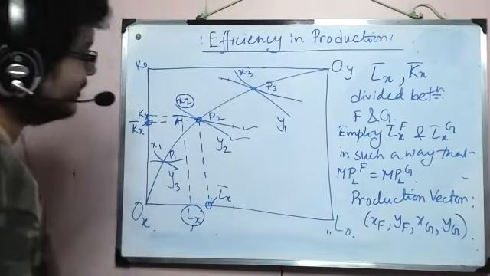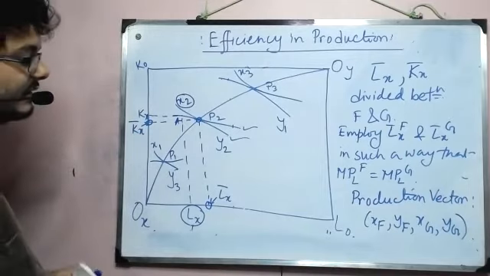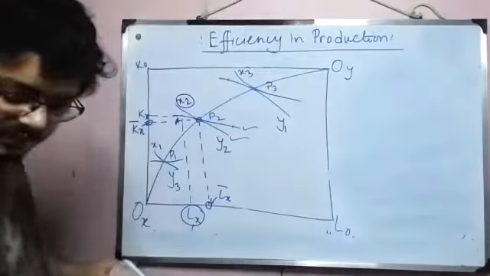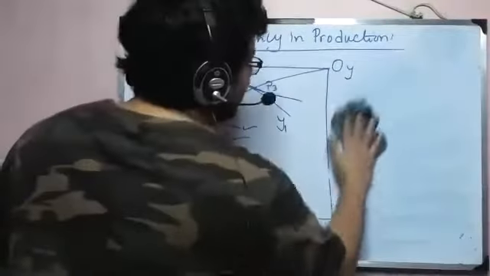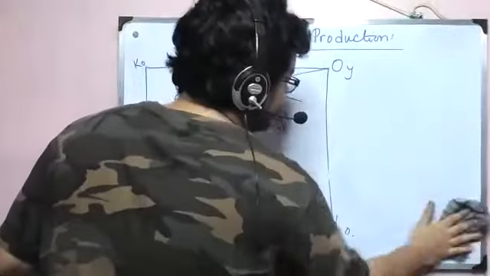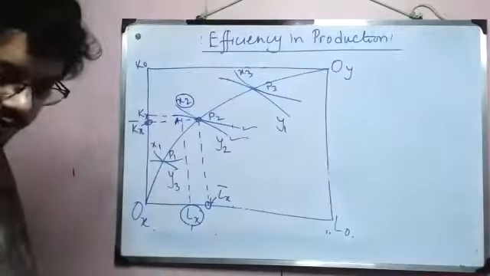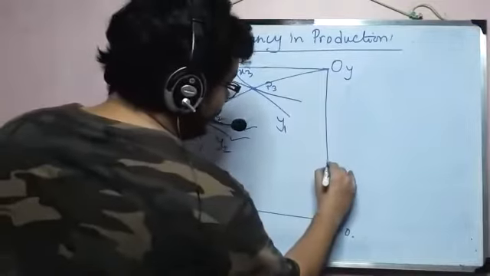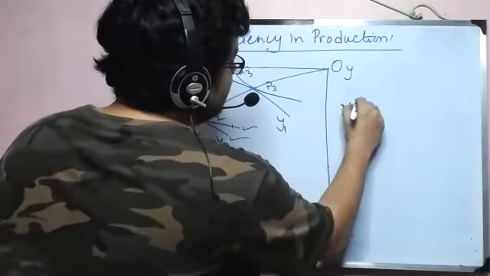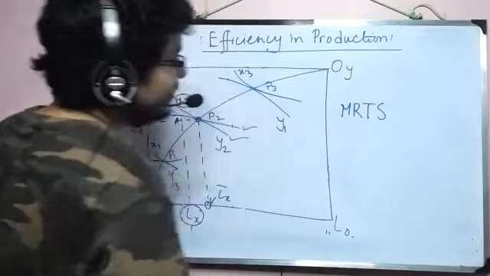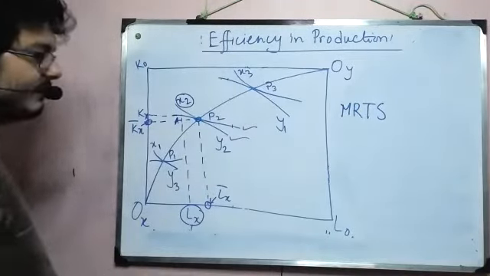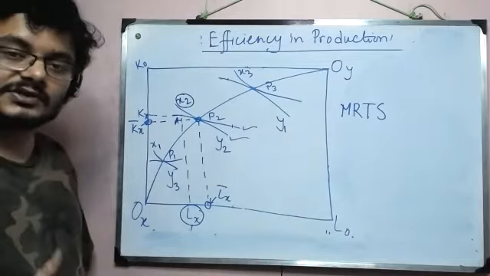Now here, if we want to write the equilibrium condition, then it will be similar to what we have in consumption. So in consumption, we had the equilibrium written as the equality of MRS for two individuals. And here we will have MRTS, that is our counterpart, the negative of the slope of the isoquants, right?